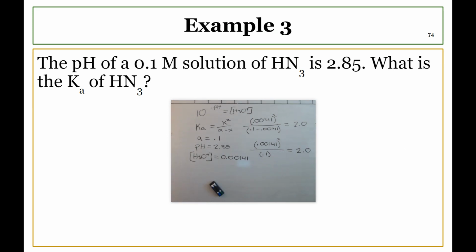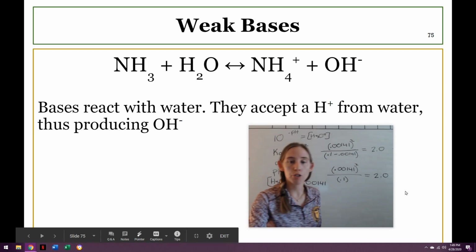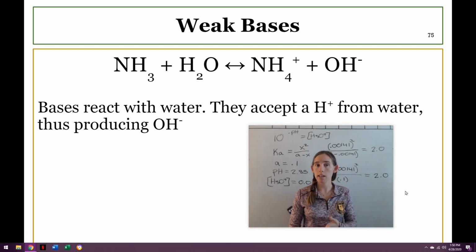Alrighty. Next one. There are only a few more slides, because your weak bases are very, very similar to your weak acids. There is a weak base dissociation reaction where you have ammonia, NH3, plus water turns into NH4 and OH, because this time water is acting as the acid and is going to give up a hydrogen to NH3.